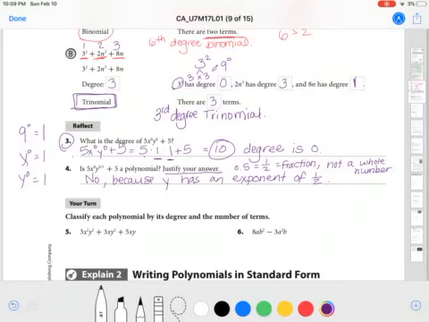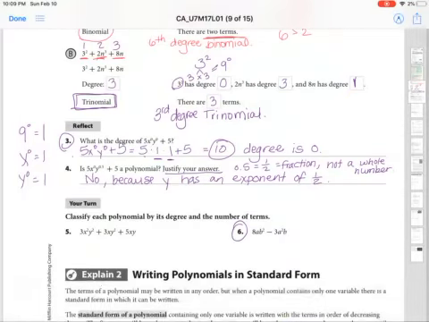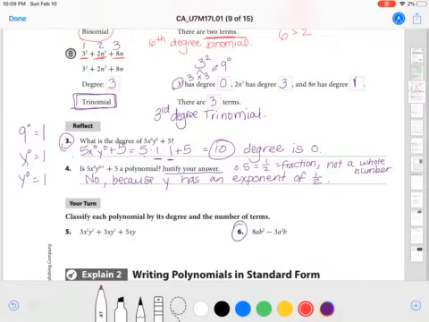Okay, and so let's go ahead and classify, let's go with number 6. Okay, so I'm going to have 8ab squared, and so we have 8, which has a degree of 0. We have a, which has a degree of 1, and we have b, which has a degree of 2. And so if we go in and we add our exponents, we have 2 plus 1 plus 0, which gives us 3.